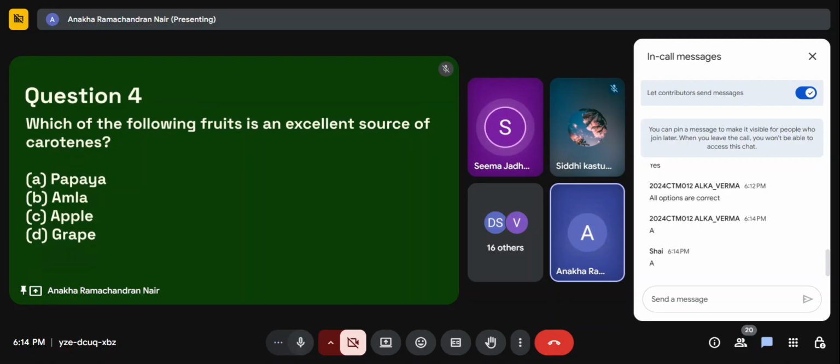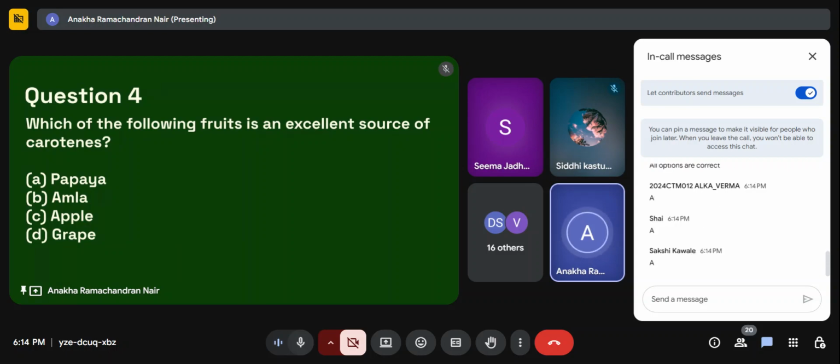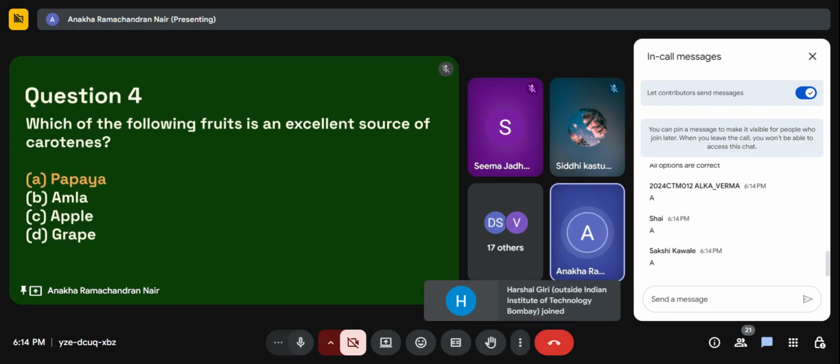So which of the following fruits is an excellent source of carotenes? Papaya, amla, apple, and grape. And yes, all of you seem to know the answer. It is in fact papaya, which is a great source of carotene. Does anyone have any doubts in this question?